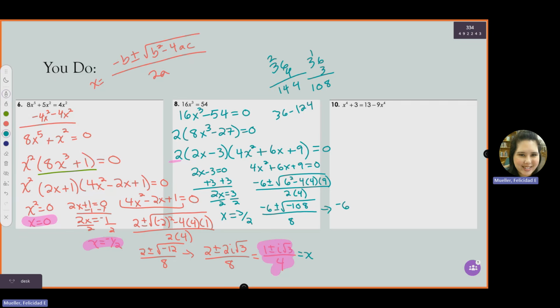So negative 6 plus or minus 6i square root of 3 over 8. All the numbers on the outside are even. So we're going to get x equals negative 3 plus or minus 3i square root of 3 all over 4.